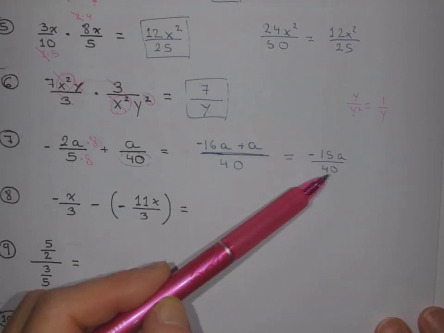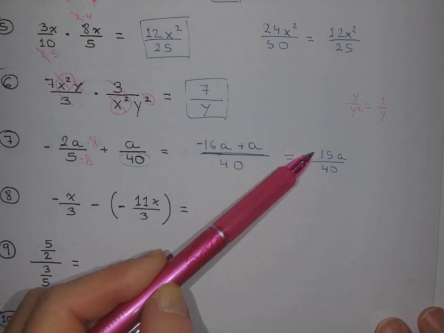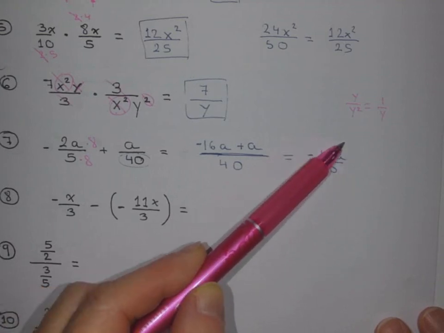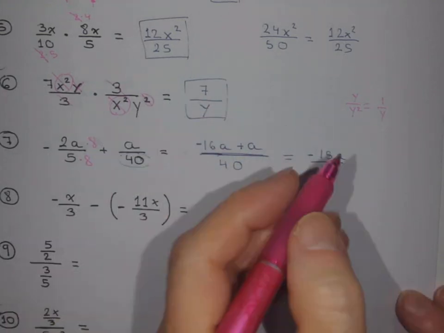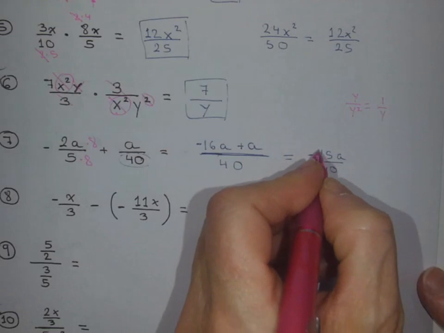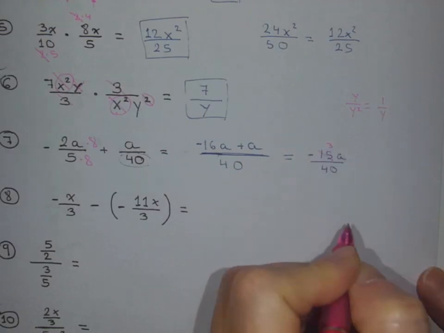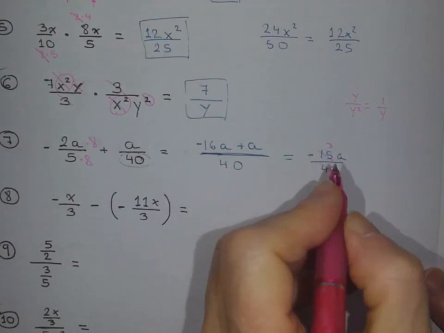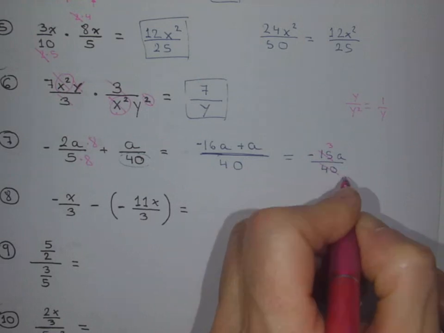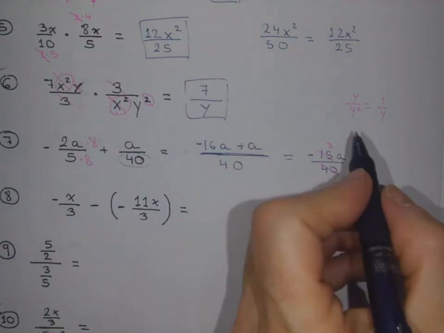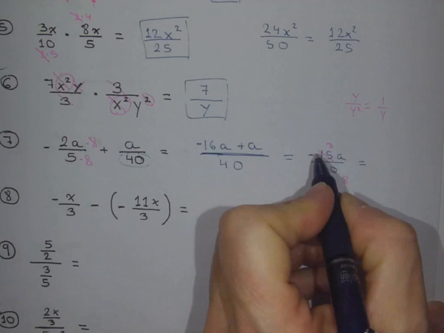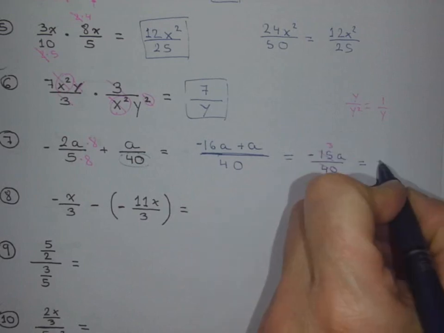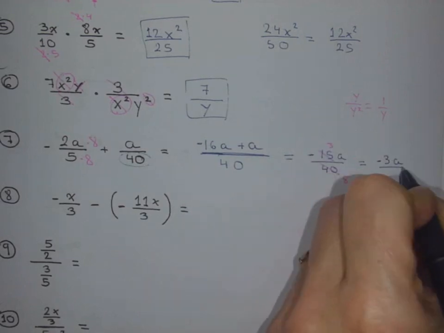Do my numerator and denominator have any factor in common? And they sure do. This one can be divided by 5, which will give me a 3. This one can be divided by 5, which will give me an 8. So my final simplified answer will be negative 3a divided by 8.